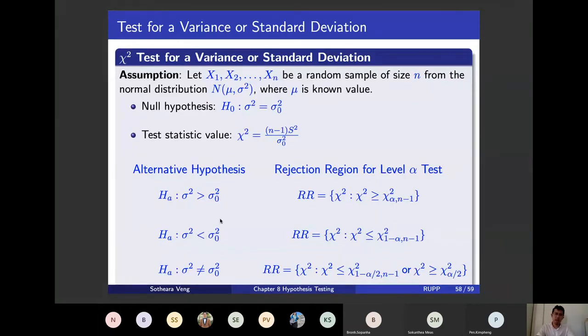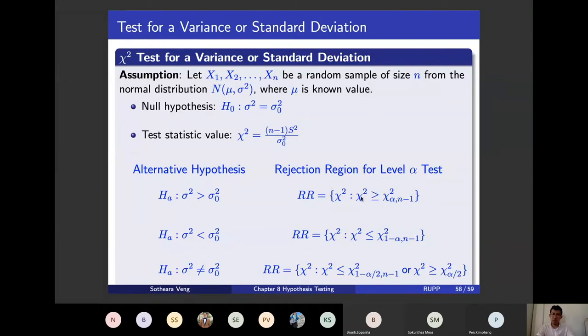These two tests are the one-tail tests, right? Or you may have a two-tail test, where the alternative hypothesis is that the variance is different from the original value. And this is the corresponding rejection region for the three tests.